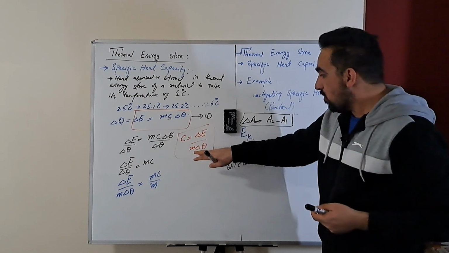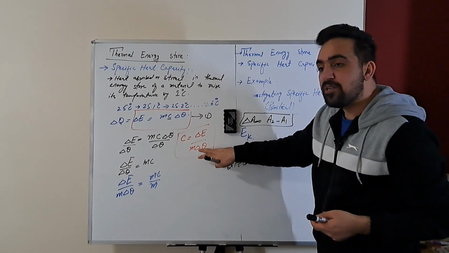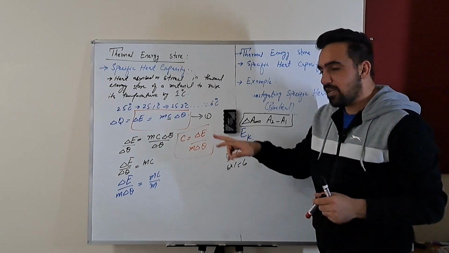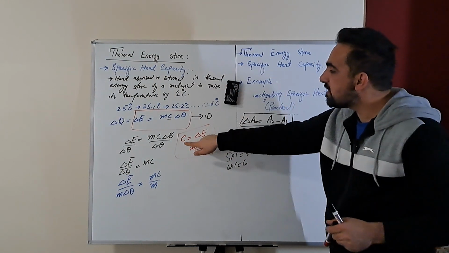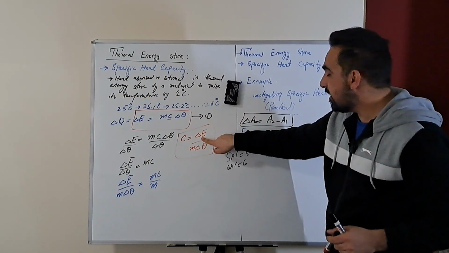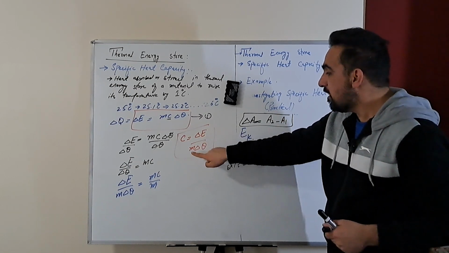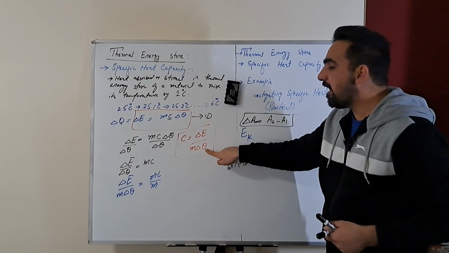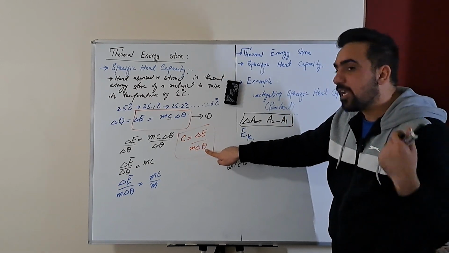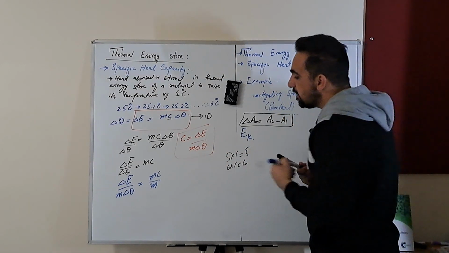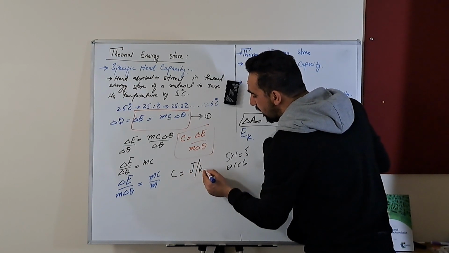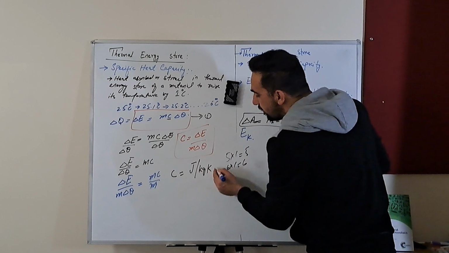Okay, so delta E divided by m delta theta. Now if you want to figure out the specific heat capacity from here, energy is measured in the unit of joule, mass is measured in the unit of kilogram, and temperature is measured in the unit of kelvins. So what will we get? c is equal to joule per kilogram per Kelvin.